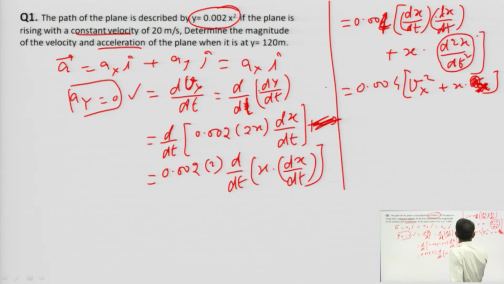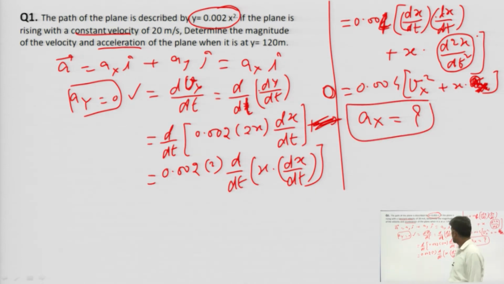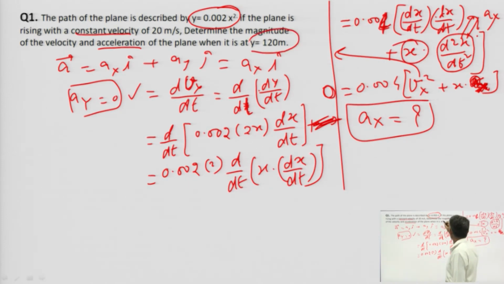So this is equal to 0. So the value of ax can be calculated from here. This one parameter is ax. So that value can be calculated, Vx value that we have calculated earlier. X we also calculated at y equal to 120. So by putting that we can calculate.